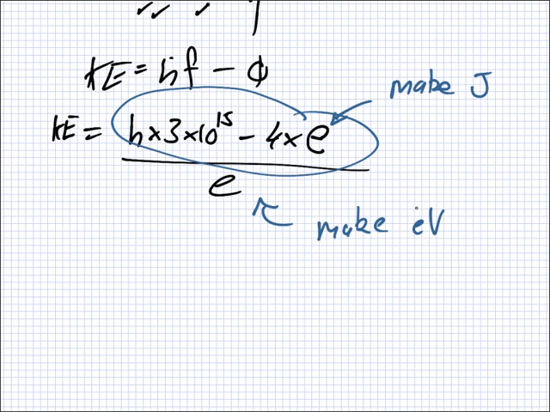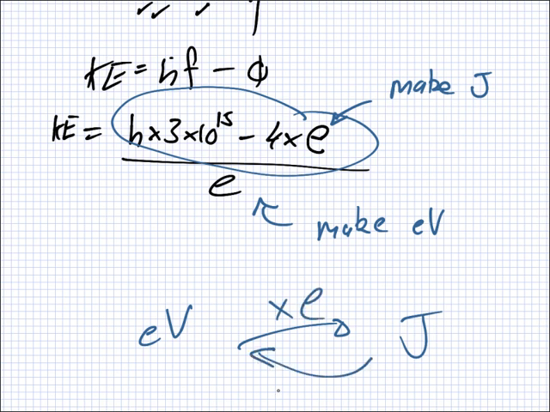EV multiplied by E makes joules. So EV to joules, you multiply E, and then backwards, you divide E.